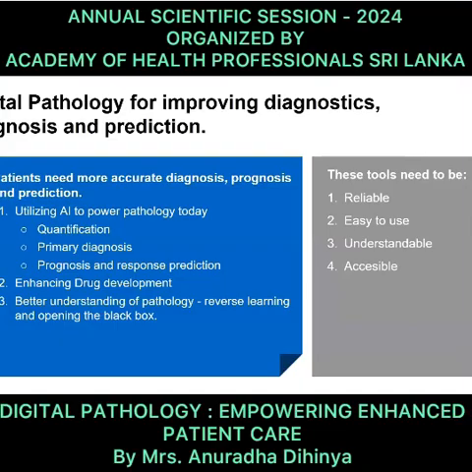Now, coming to how it improves diagnosis, prognosis and prediction. Patients require more accurate diagnosis and prognosis for the prediction, and these AI tools will help with that because they do the quantification and help the pathologist with the primary diagnosis. Apart from that, some pathologists who are into drug development are developing their own AI tools in collaboration with pharma companies.